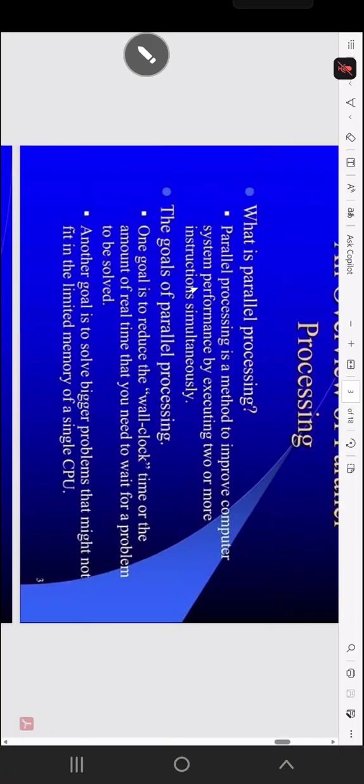Okay, so what is parallel processing? Parallel processing is a computational technique in which multiple processors perform different parts of a task simultaneously, to increase speed and efficiency of computation.